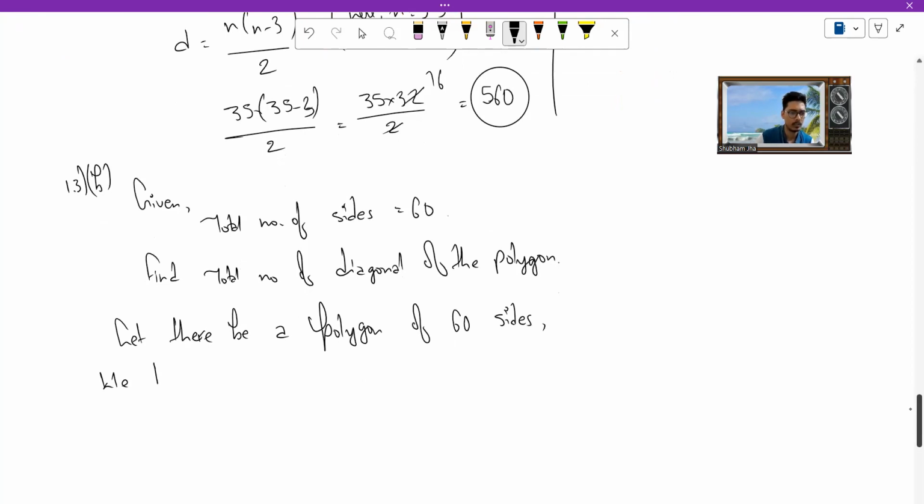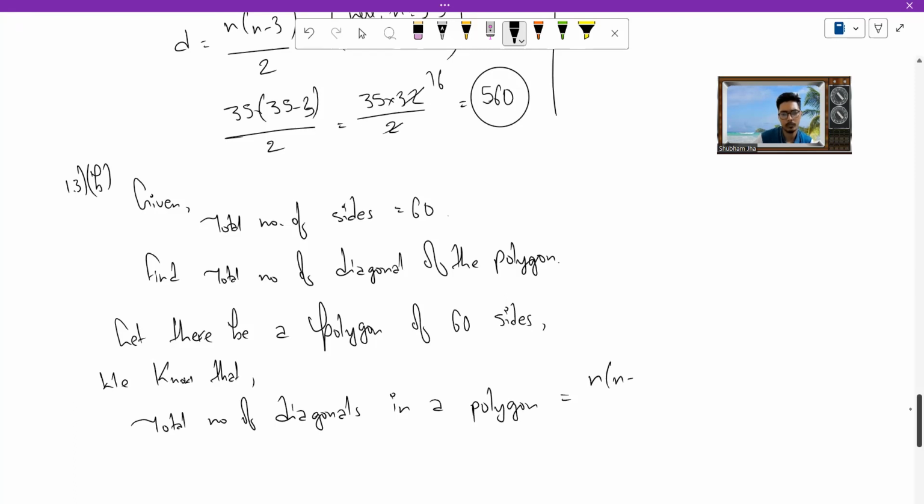We know that the total number of diagonals in a polygon is equal to n into n minus 3 upon 2.